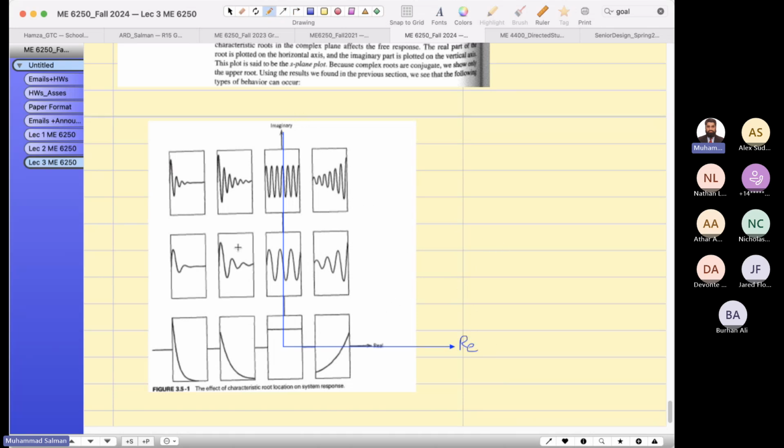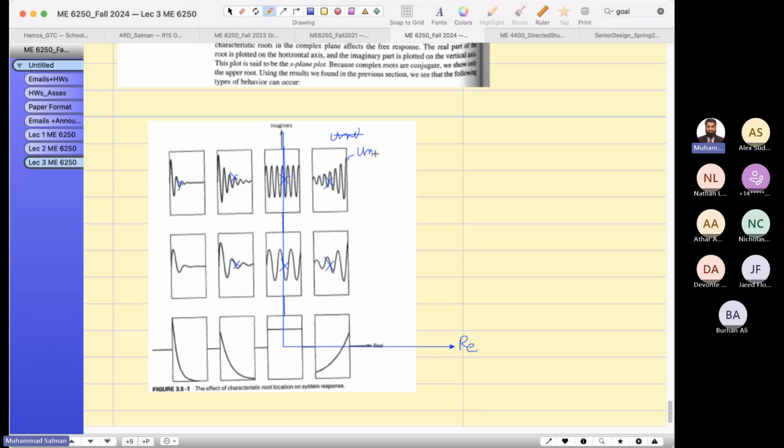If the roots are in this complex domain, you see oscillation. But if they lie exactly on the imaginary axis, it means there is no damping. If the roots are lying on the right-hand side of the imaginary line, they will grow. This is an unstable system.